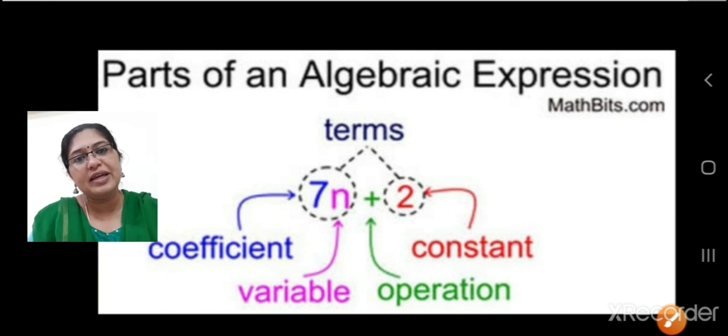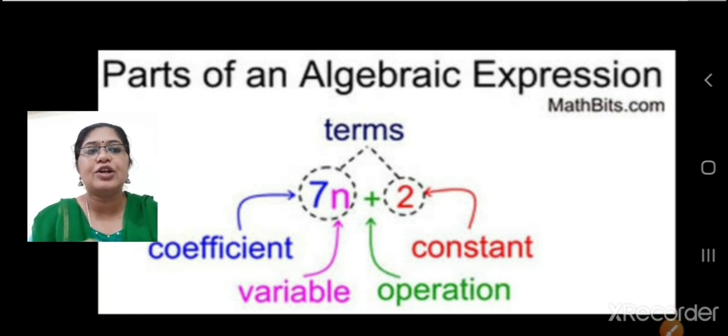Algebraic expressions are formed by constants and variables, along with arithmetic operations like addition and subtraction. In this picture you can see an algebraic expression.